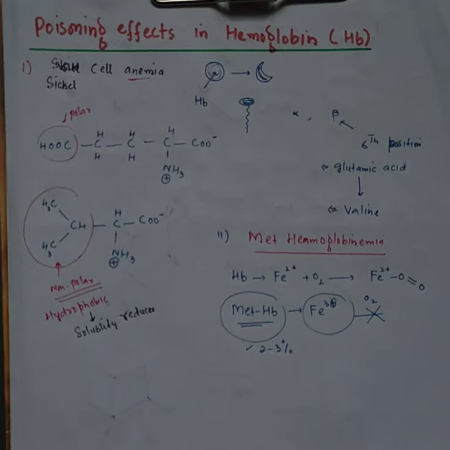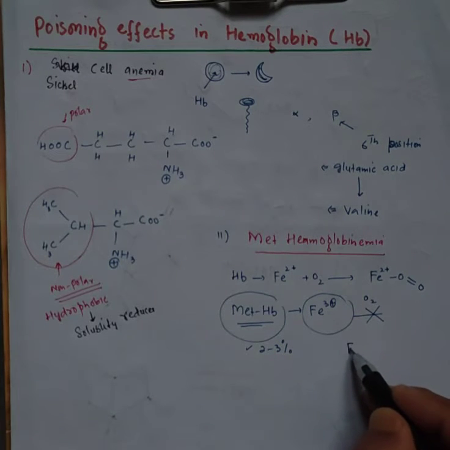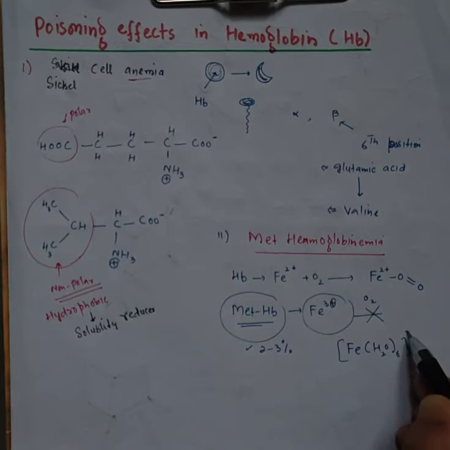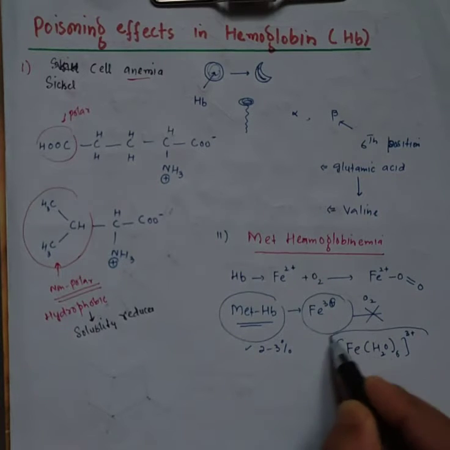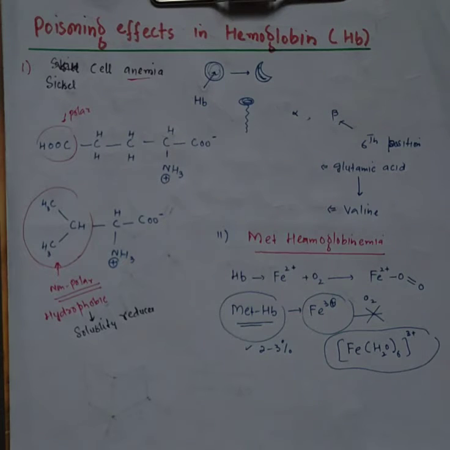So at low concentration, it's normally present in the blood 2 to 3%, so no issue. But when the concentration increases, that iron gets converted from iron 2 to iron 3. So basically this iron is present in the body in the form of Fe hexaqua plus 3. In that case, the affinity for the oxygen reduces. Now our body has a mechanism.